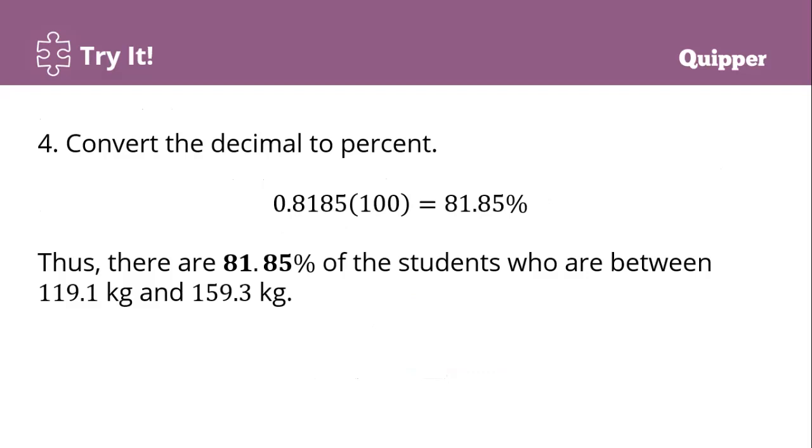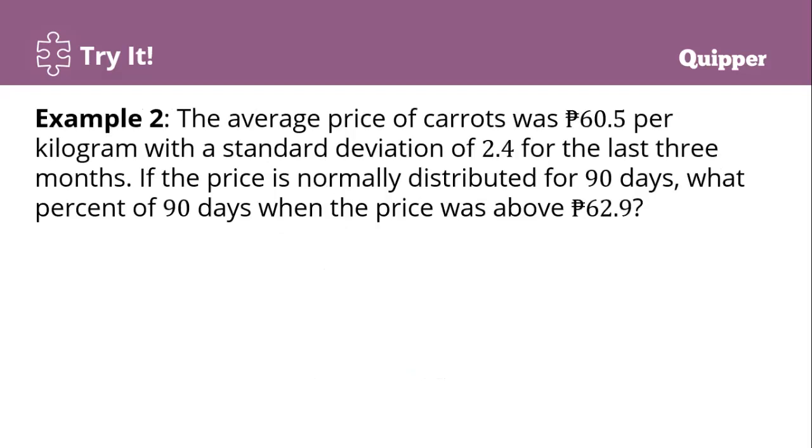Convert decimal to percent: 0.8185 times 100 is 81.85%, or simply move 2 places to the right. So 81.85% of the students are between 119.1 kilograms and 159.3 kilograms.